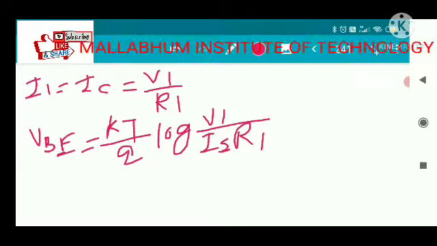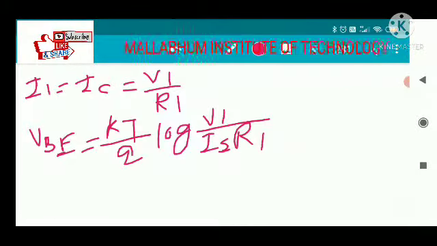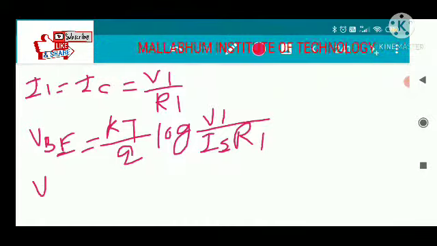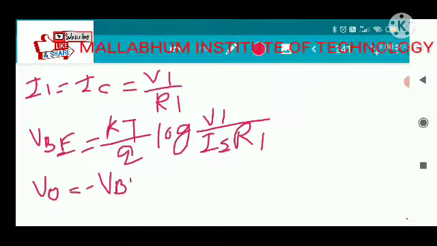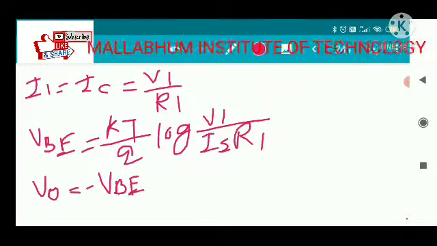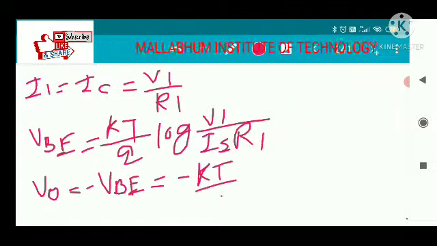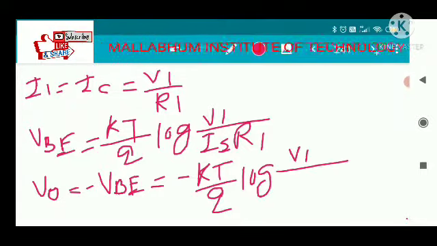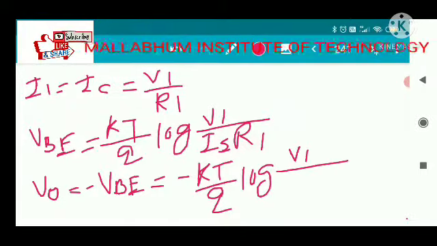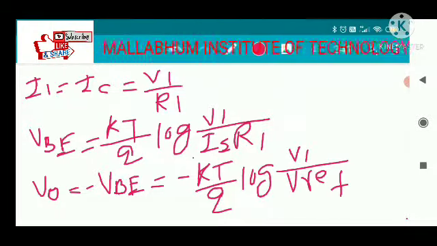Okay, since the BJT is connected to the output of the operational amplifier, the output voltage is V0 equal to minus VB, because the relationship between the output voltage and the input voltage in the inverting amplifier is negative. So the output voltage is nothing but minus KT by Q log V1 divided by IS R1.